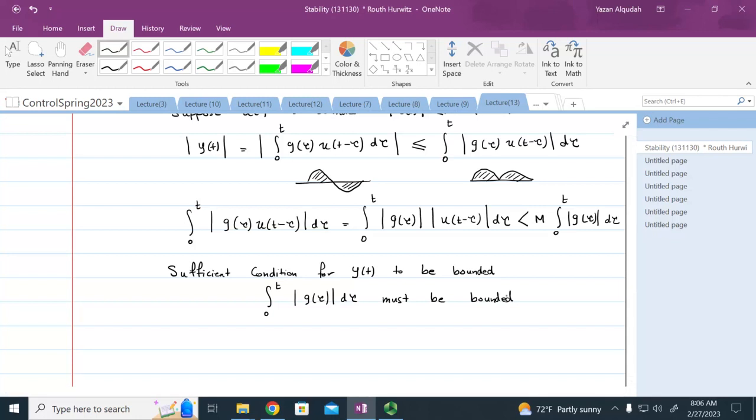Together? Y of t is going to be less than m multiplied by this integration. If this is bounded, y of t is going to be bounded.